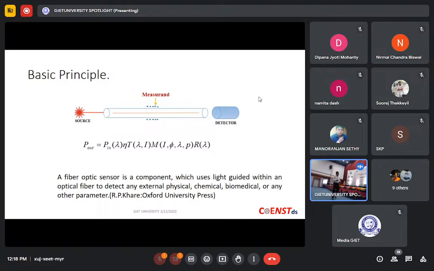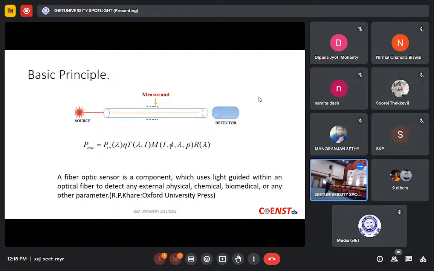And this measurement is a function of different parameters like intensity, phase, wavelength, and polarization. That means when you apply this measurement on a small portion of the optical fiber, either intensity will change, or phase will change, or wavelength will change, or polarization will change. Based on that, these fiber optic sensors are classified.